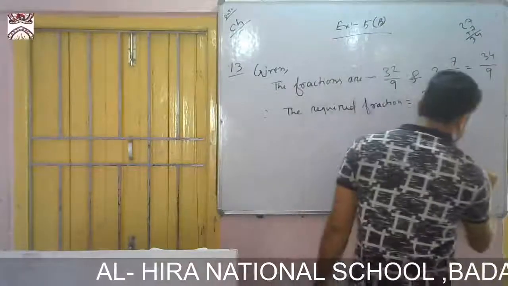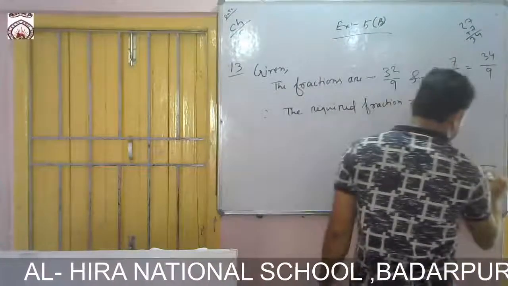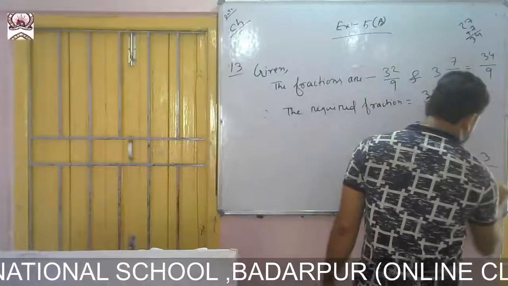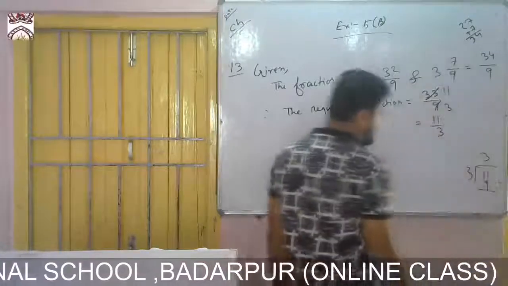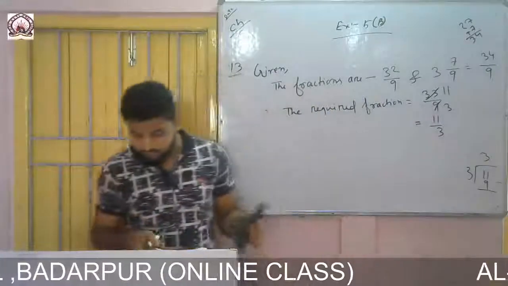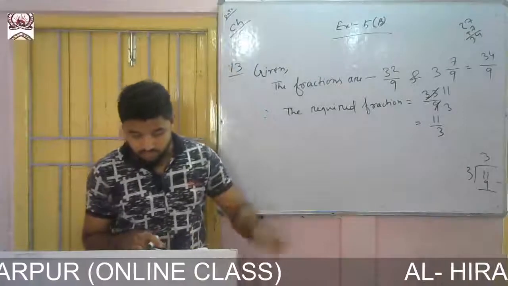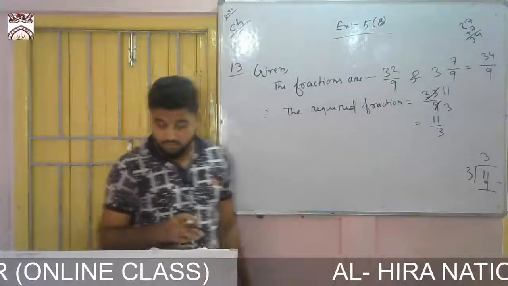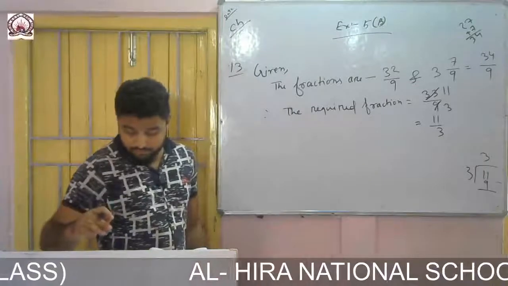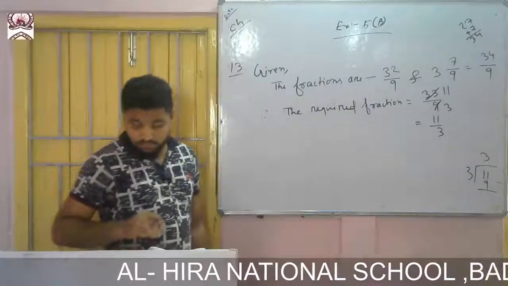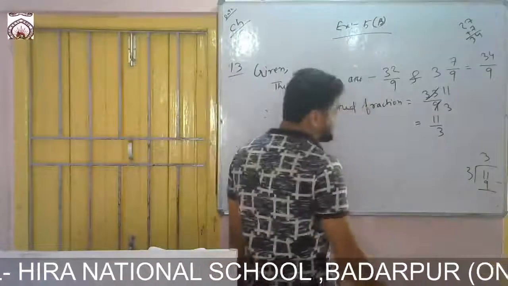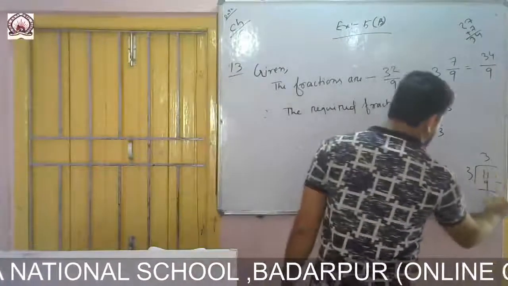Now you take it into a mixed fraction. 3 threes are 9, remainder 2.